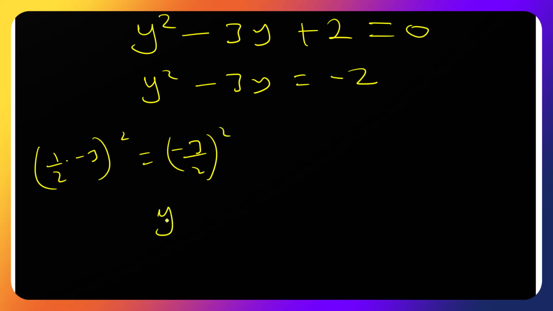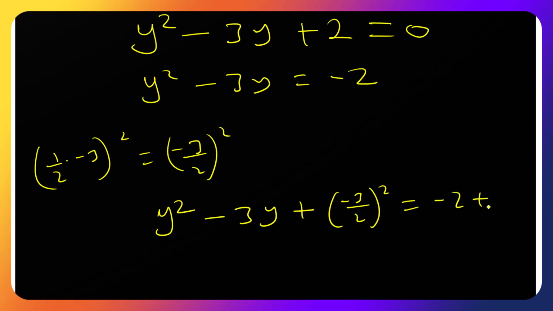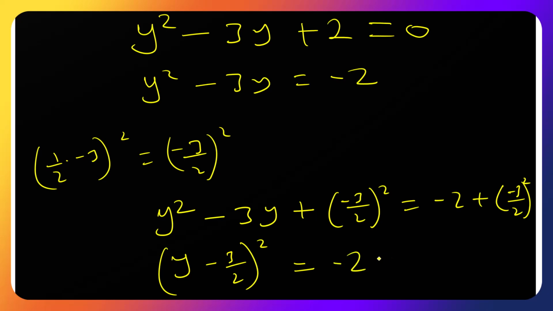So that will be y squared minus 3y plus minus 3 on 2 all squared. Okay, so the next one will be y minus 3 on 2 all squared, equals minus 2 plus, so this one will be 9 on 4.